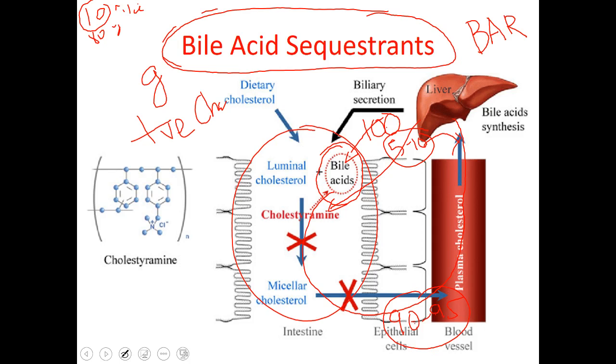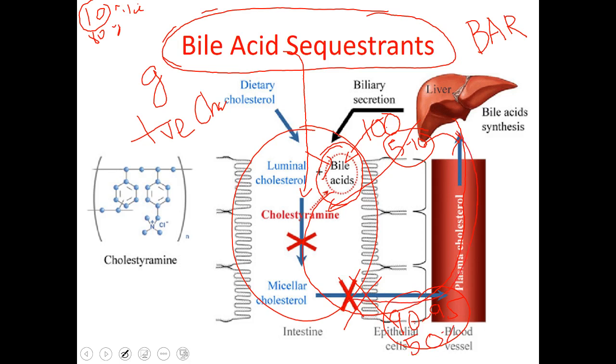But now, if you give any of the bile acid sequestrants, it binds to the bile acids and will not allow them to be reabsorbed. It will reduce the enterohepatic circulation. So, now with the use of bile acid sequestrants, maybe only 50% or less of the bile acids go back to the liver.